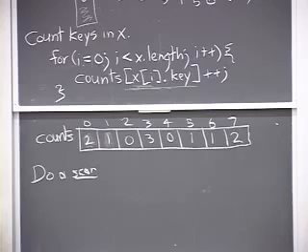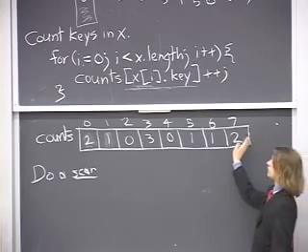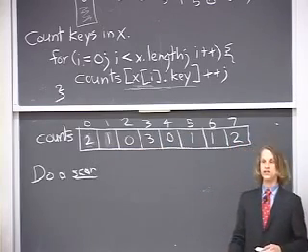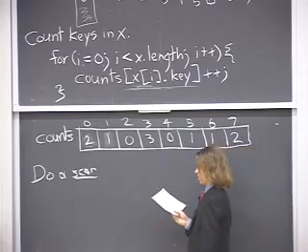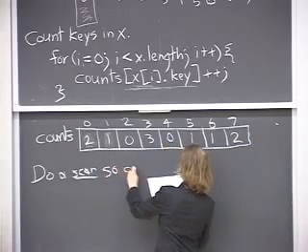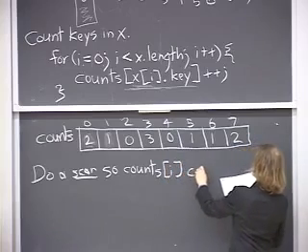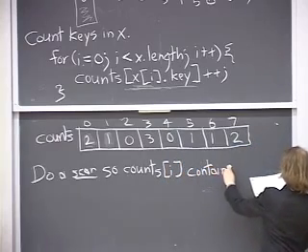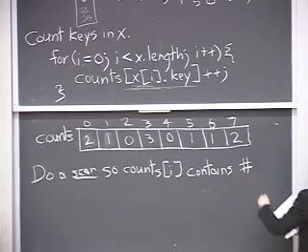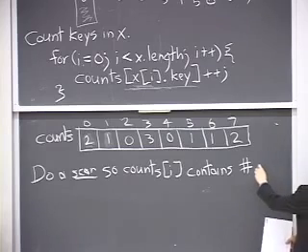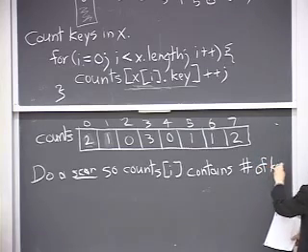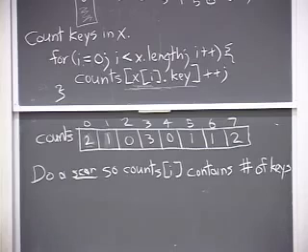And the way you do that is you add up all the numbers to the right of your current position. So after the scan is done, counts I contains not the number of keys that are equal to I, but it contains the number of keys that are less than I.